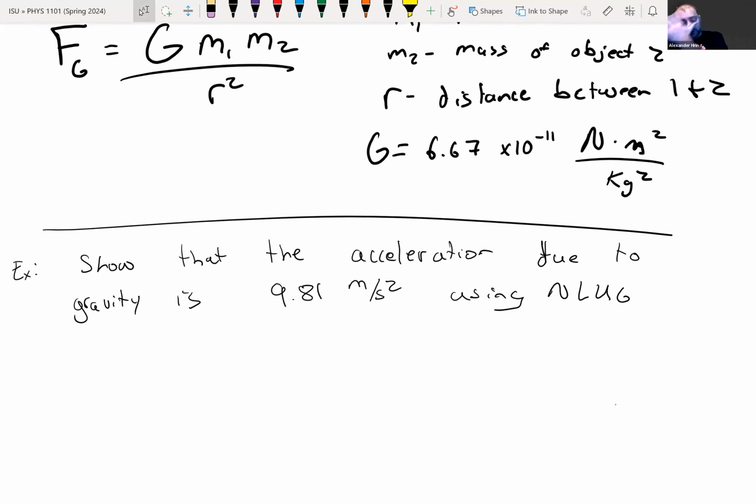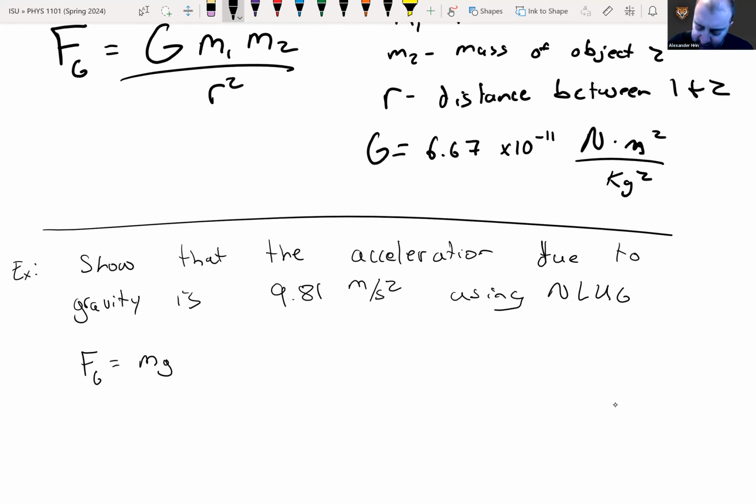How exactly would you do this? Well, the idea is that we now have two different ways of expressing gravity. mg, and I've said before that this is only for near Earth, and that's true. But if we situate Newton's law of universal gravitation on the surface of the Earth, we should find that these two formulas are identical.